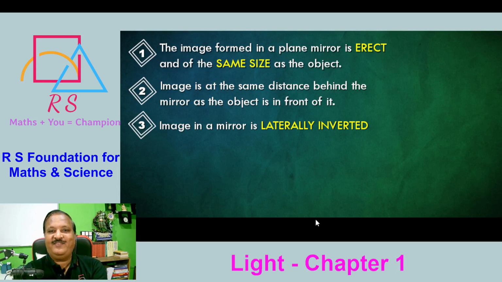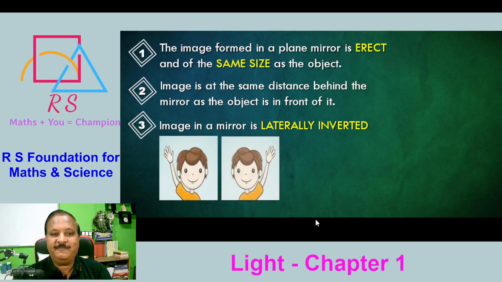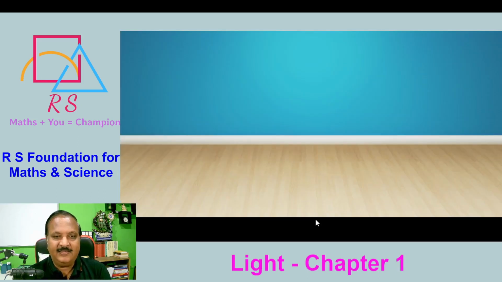So laterally inverted means आपका left mirror में right होता है, आपका right mirror में left होता है. This is called laterally inverted. Okay, and then see, object राइट लेफ्ट लेफ्ट राइट हो जाता है, उसको सेटिंग भी रहता है मोबाइल में, आपको सेट करके नॉर्मल कर सकते हैं.